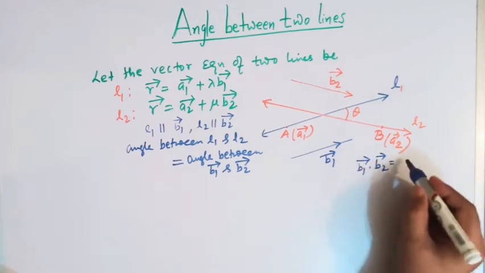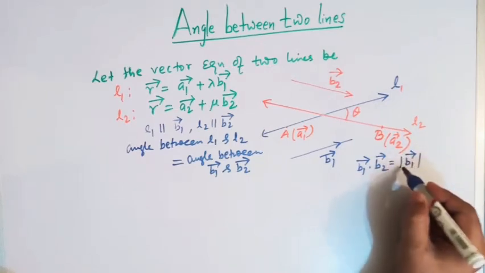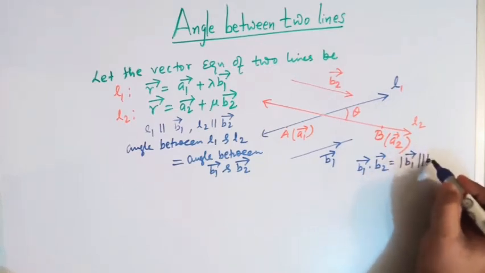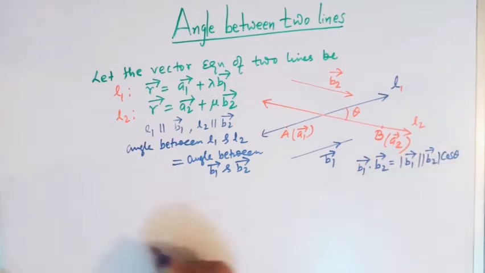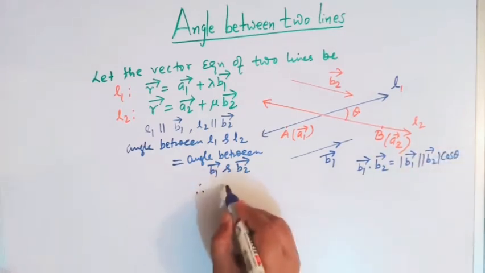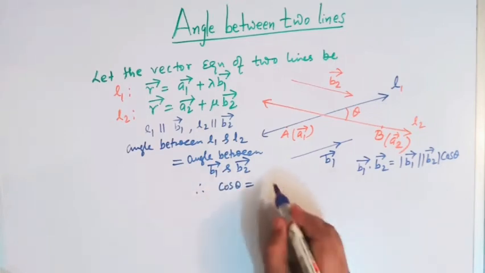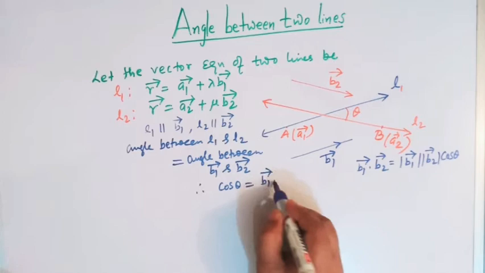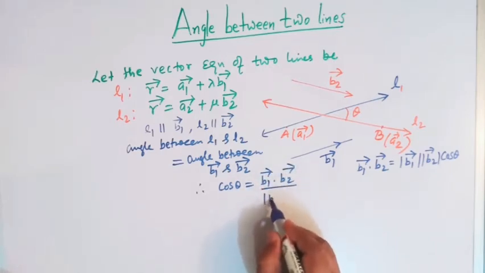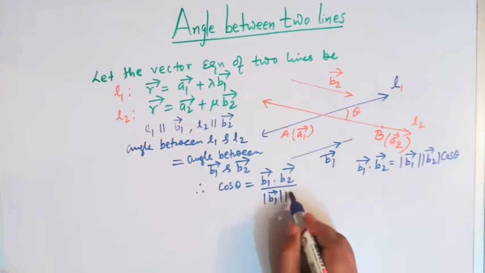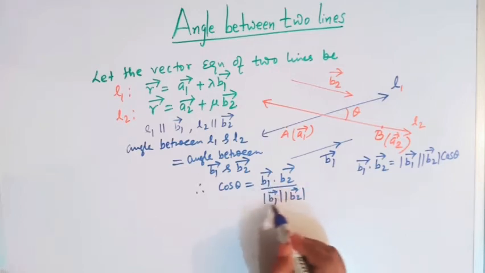Now from the concept of scalar product of two vectors, we know that b1 dot b2 is equal to the magnitude of b1, magnitude of b2, and cos theta, right? So therefore cos theta is given as b1 dot b2 divided by the product of the magnitudes of the two vectors b1 and b2.